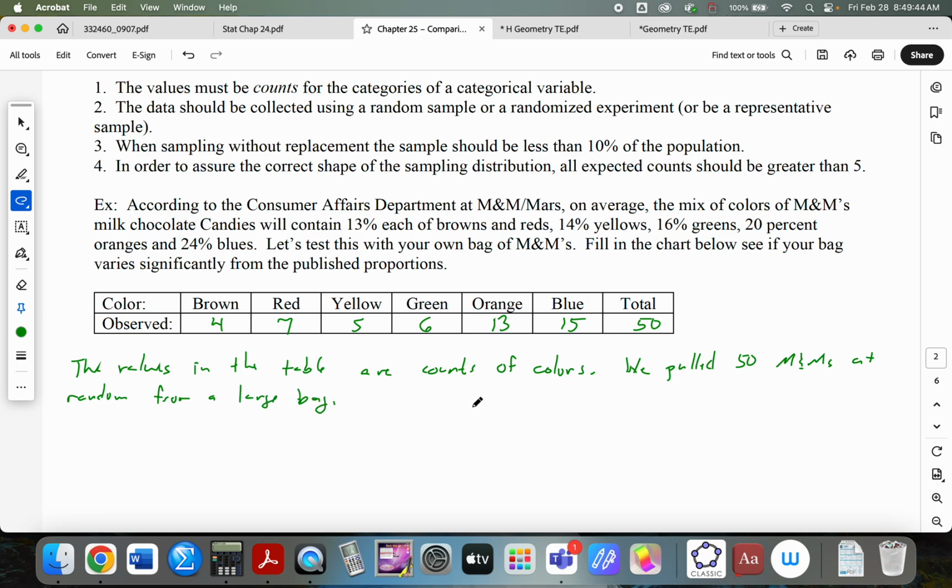So it's a random sample. 50 M&Ms is less than 10% of all M&Ms in large bags.